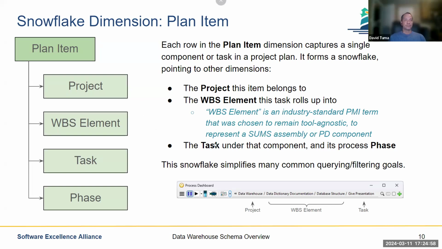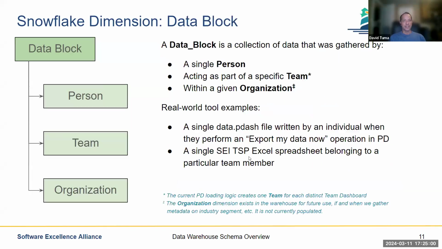Okay, so there's another important Snowflake dimension called data block. A data block is conceptually some collection of data that was gathered by a single person acting as part of a specific team within a given organization. I'll give two real world examples of it.